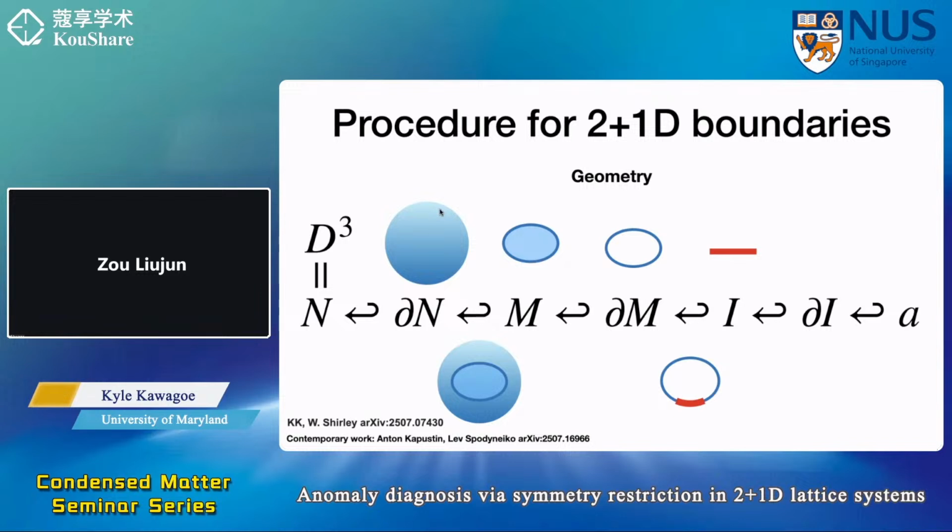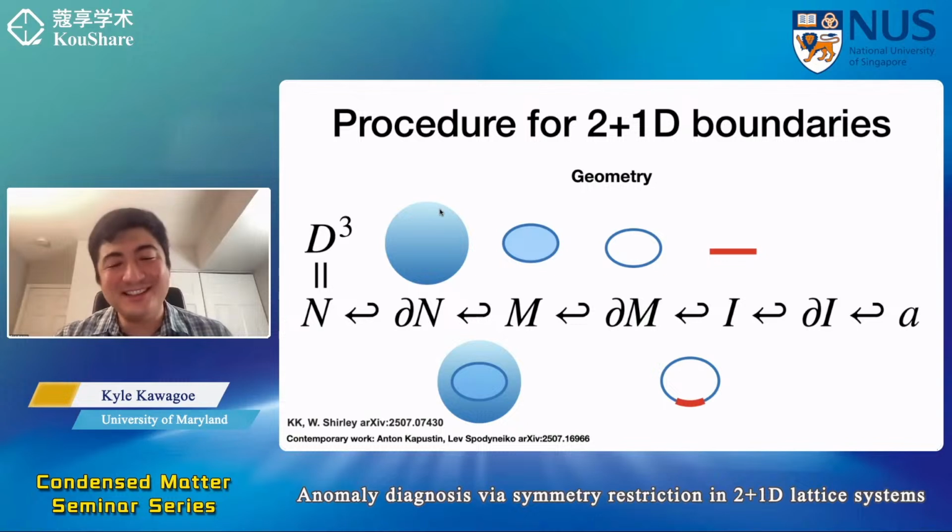Great. Thank you. So we have some symmetry which we restrict to a disk on this sphere. And because we had a representation to begin with, the restricted symmetry operators are a representation up to some operator supported on this boundary, so on this circle.